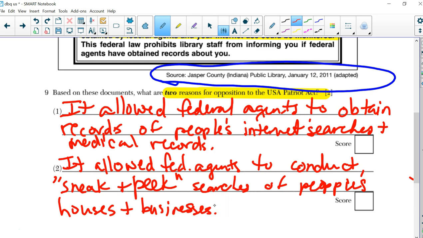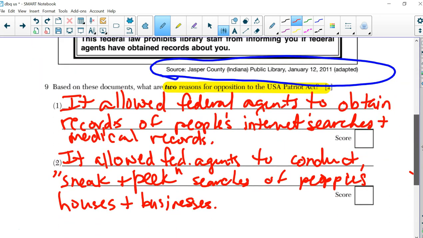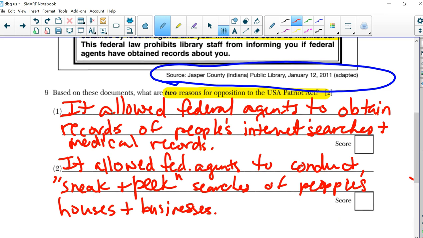Okay, that sounds like 2 reasons to be opposed to it to me. If you don't like what I wrote here, you can use one thing. It's only asking for 2 reasons. So if you wrote it allows them to obtain records of people's internet searches, period, that would be fine. No big deal. You'd still get a point for that.